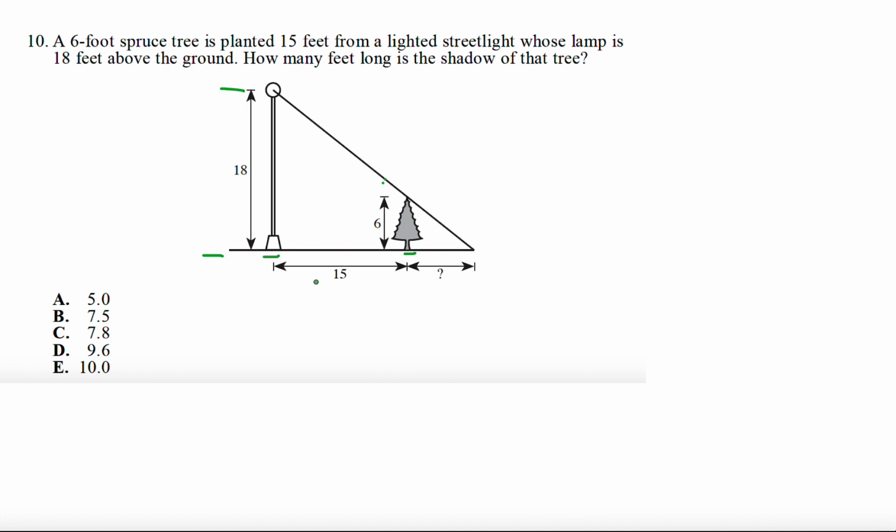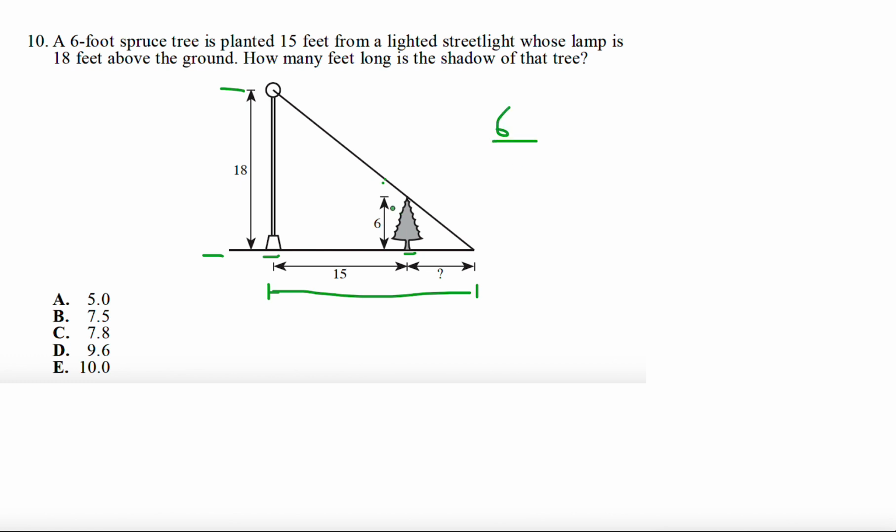But in this case, it doesn't look like we're given two complete sides. We have the height, but the base isn't quite complete. We know portions of it, so we can't use a squared plus b squared equals c squared in this situation. Likewise, we're comparing two triangles here, so we can use proportions, right?